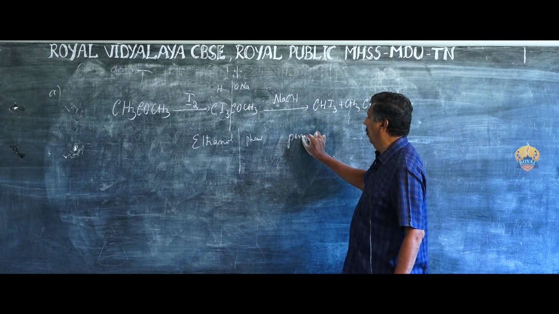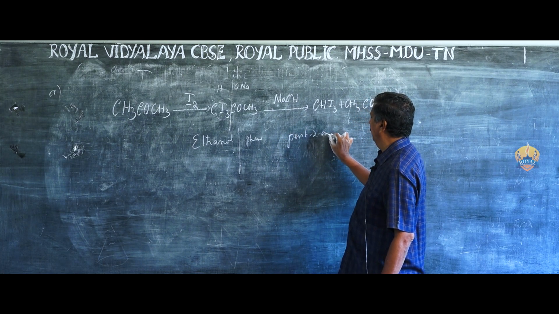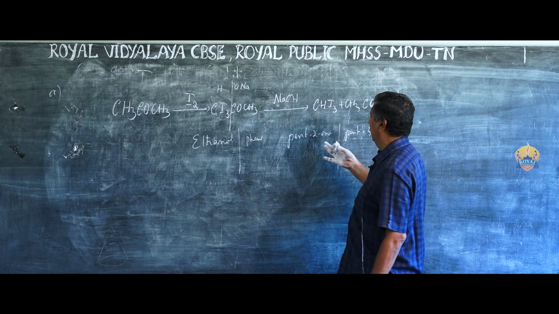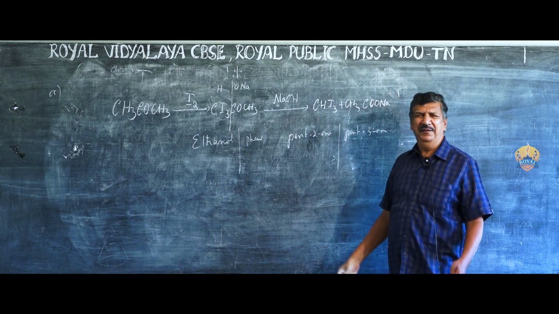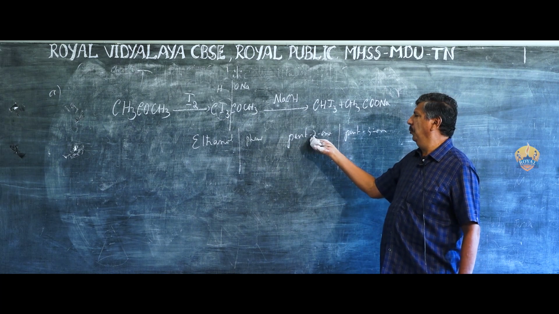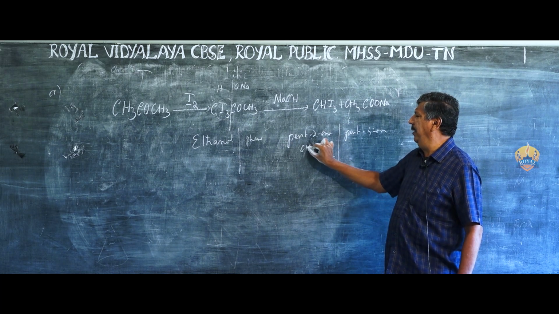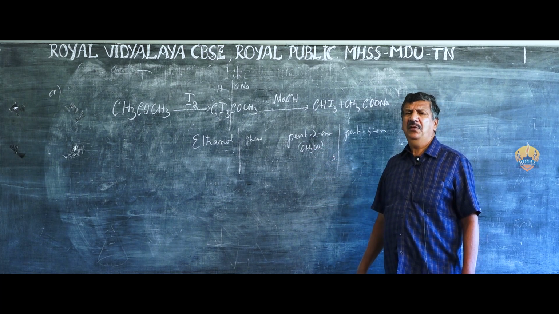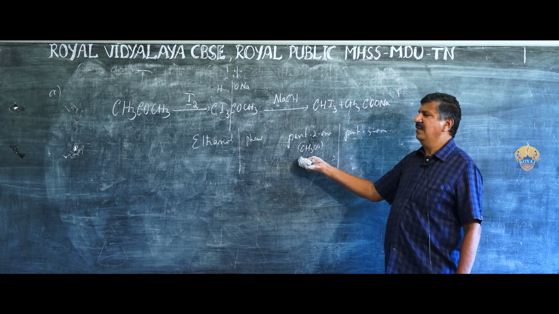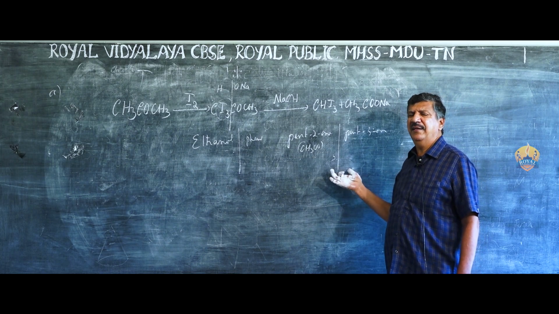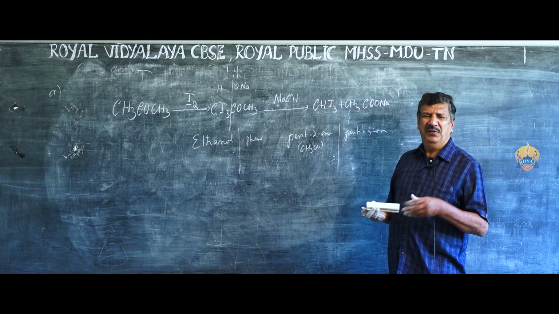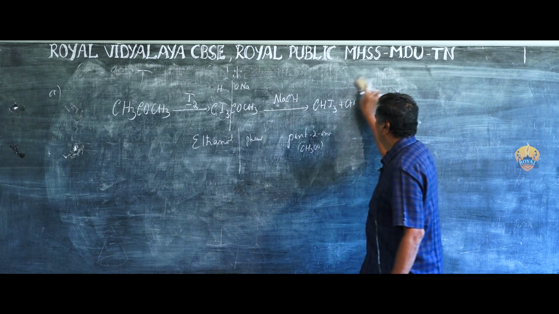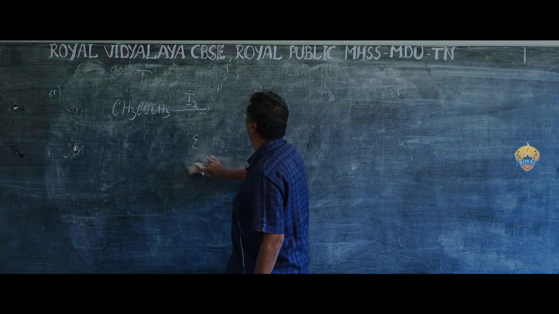Pentan-2-one, pentan-3-one: distinguish these two compounds. Pentan-2-one contains CH3CO, starting like this. So what will you tell? Sir, it answers the iodoform test; it doesn't answer the iodoform test. So these are some techniques you should follow to answer the iodoform test.